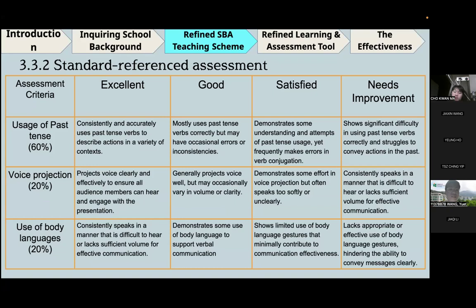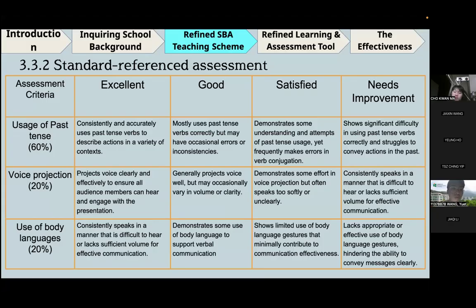We also have a standard reference assessment to assess a student's whole speaking performance so that we can determine the different levels of maybe excellent, good, satisfied, or maybe need some sort of improvement. So for the criteria and the rubrics, we assign 60% of the points to the usage of past tense because the learning of past tense is the whole gist of our planning.